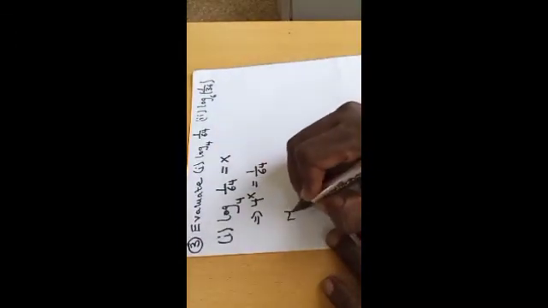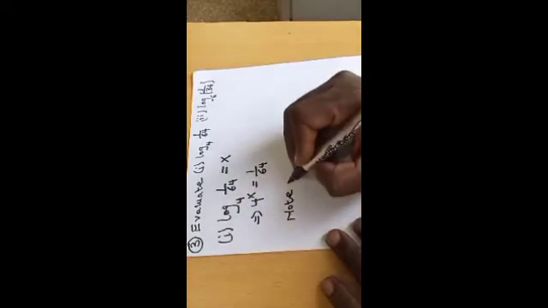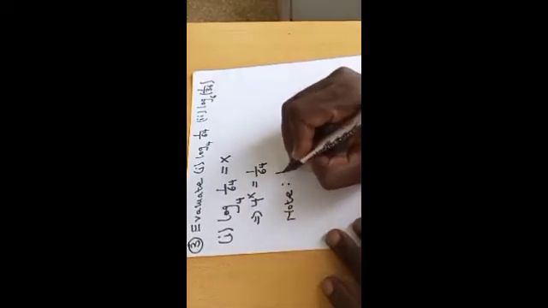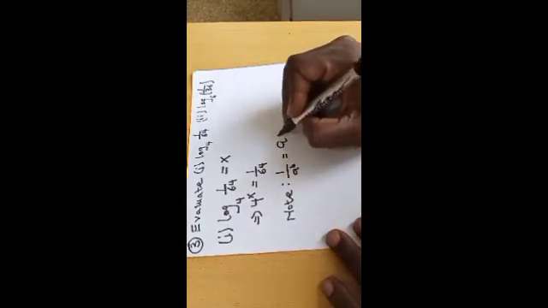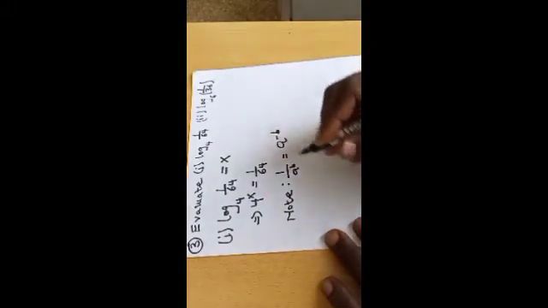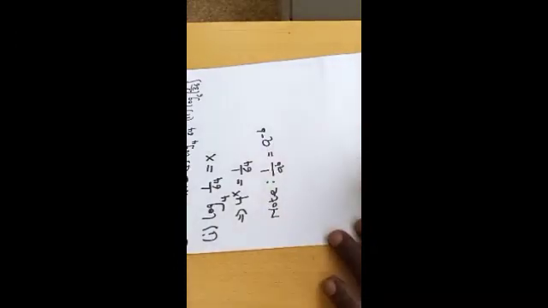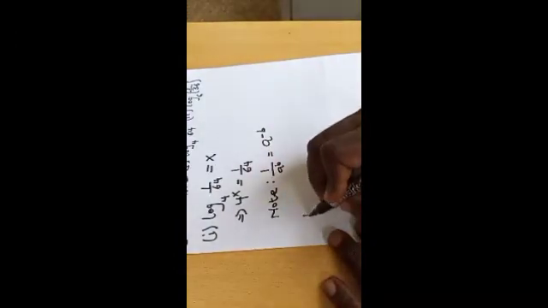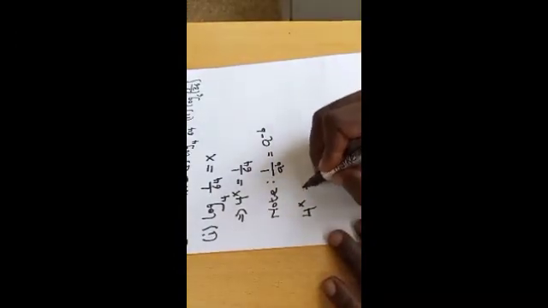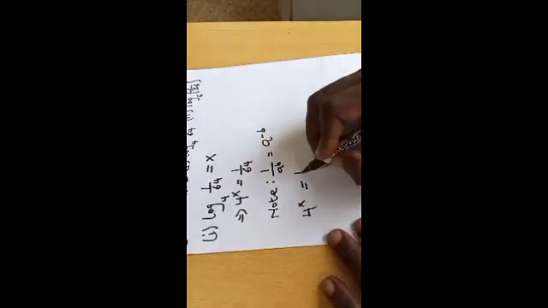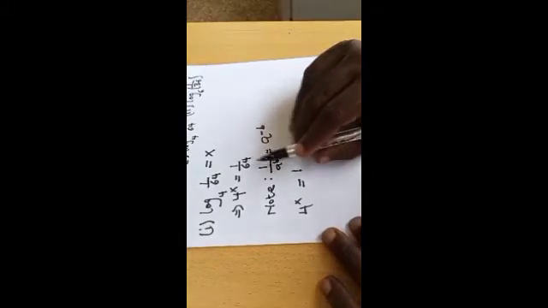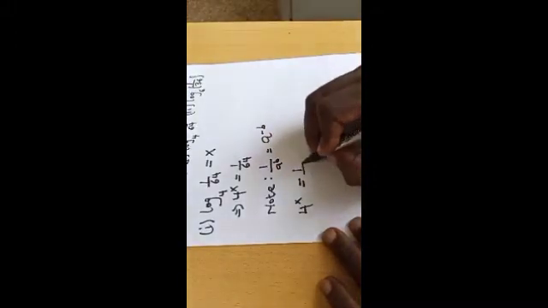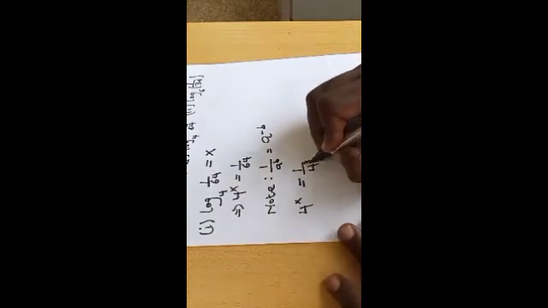Okay, note: if we have 1 over a to the power b, it is equal to a to the power negative b. And that is what we are going to use over here. So our 4 to the power x will be equal to 1 over 64. Then we break 64 using base 4. 64 using base 4 is 4 to the power 3.